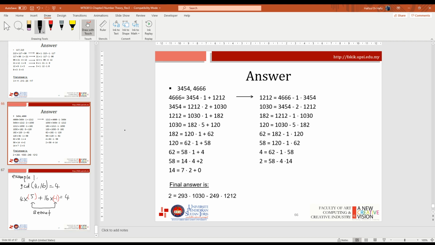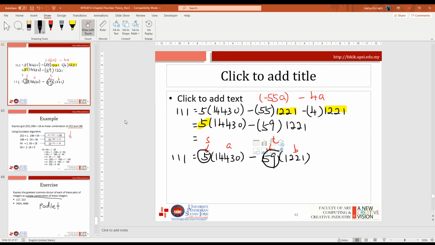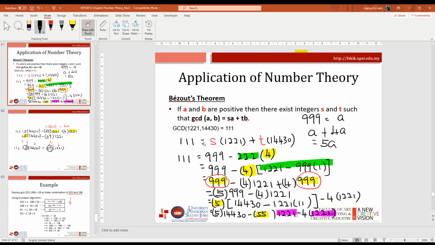Same goes here. One: s times a plus t times b, we have 1,221 and 144,000. For this one, multiply by 4, we got 181, 111.